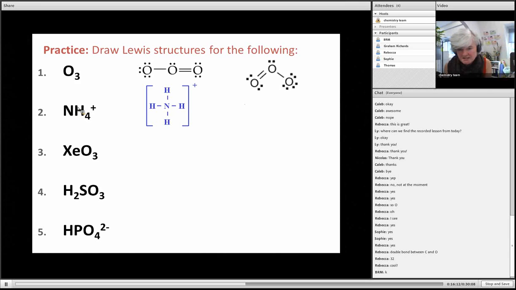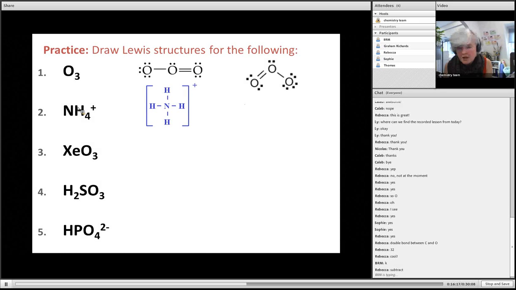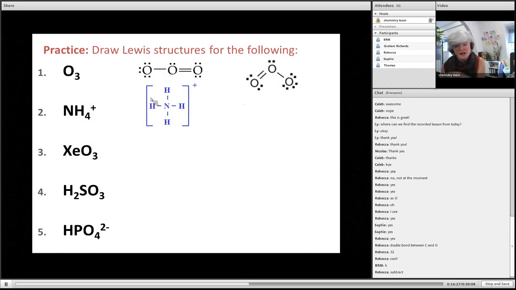So is it 10 or is it 8? Great, you subtract because it's a positive charge. Remember, electrons are negative, so if ammonium has got a positive charge, it means I must have removed an electron from the 9, so I've only got 8 left. And that's why I've got 2 in that one, 4, 6, and 8. All my valence electrons are used up.